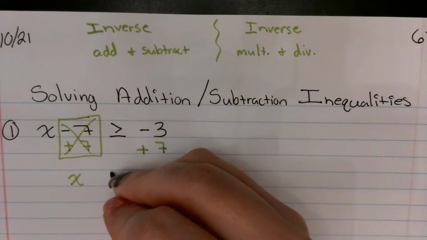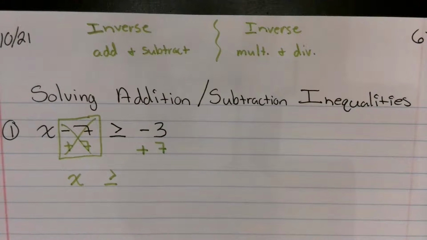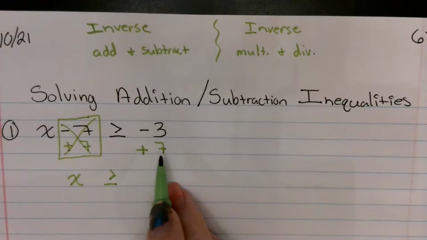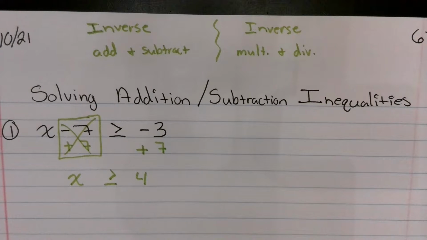We are left with our inequality sign, greater than or equal to, and then negative 3 plus 7 is 4. You never want to put your answer as just 4. That might have worked before when it was an equation, because the only answer it could possibly be was 4. But here, it's not an equation anymore.